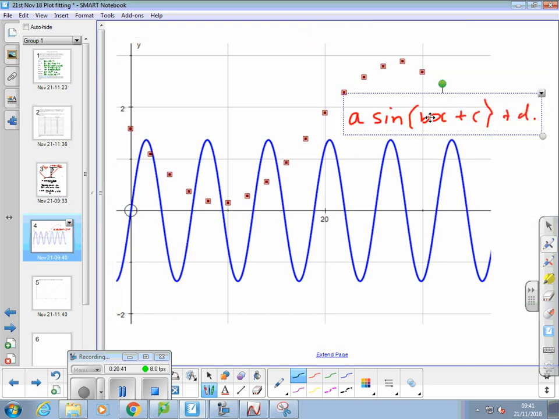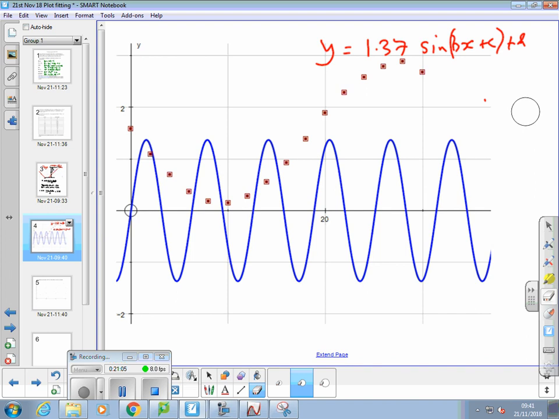Where we currently are is we've got y is equal to 1.37 sine bx plus c plus d. And what we're saying now is, just get rid of that one, and we're going to focus on finding out what d is. So how can we do that?